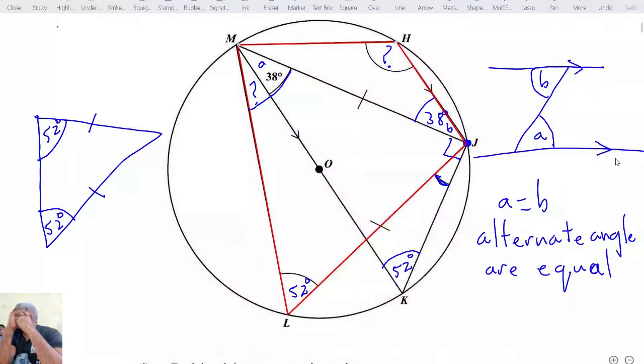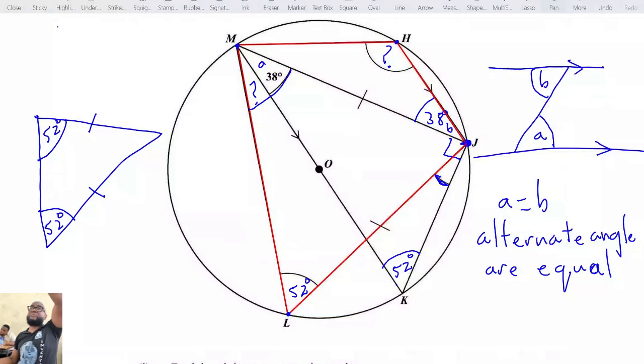The opposite angles in that quadrilateral, that four-sided figure, because all four vertices are touching the circumference, add up to 180.